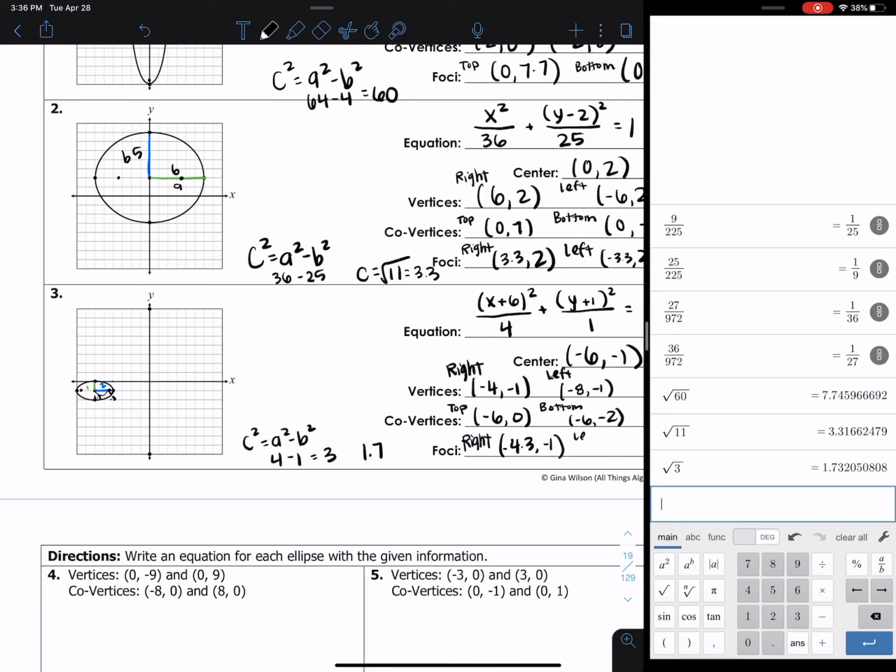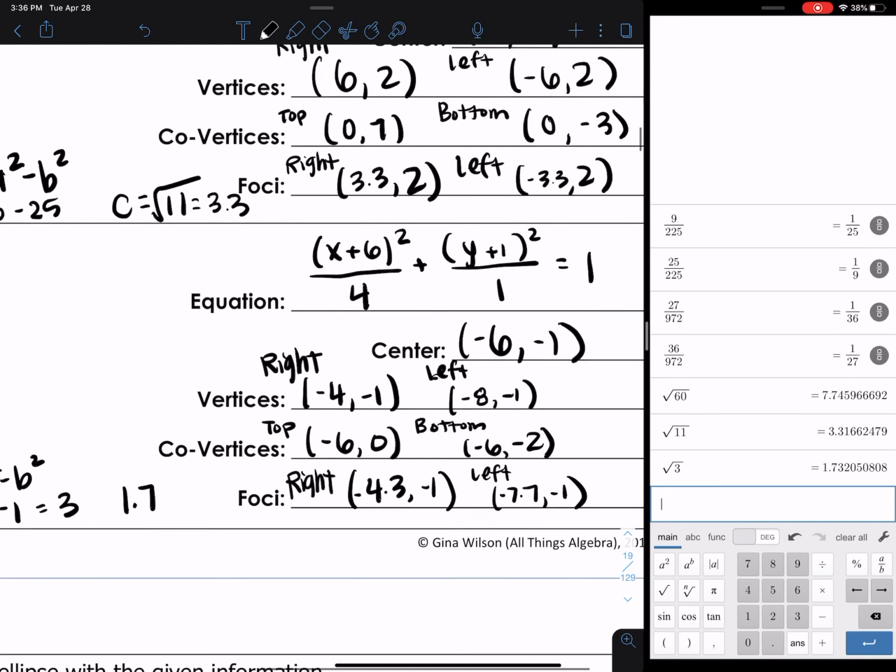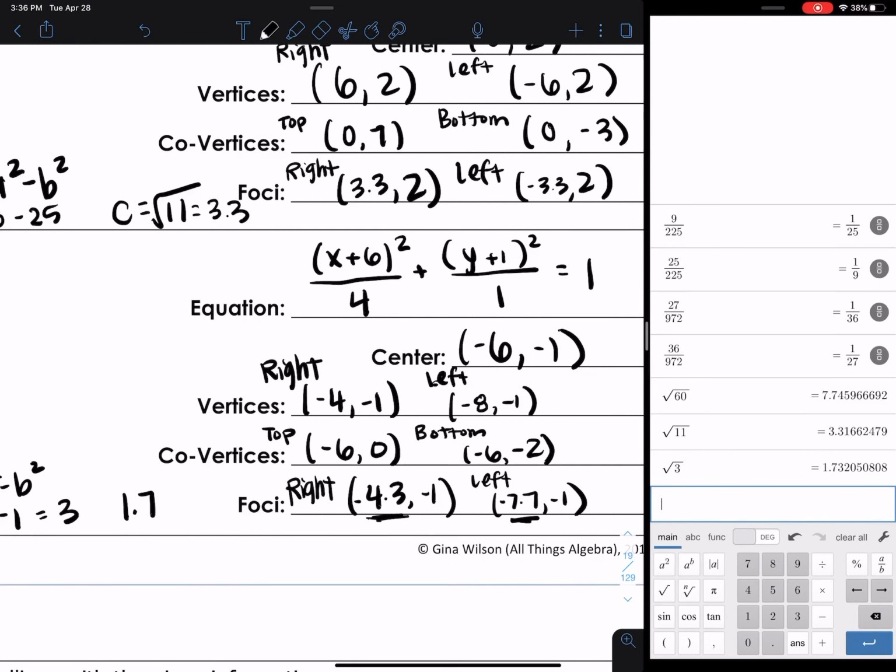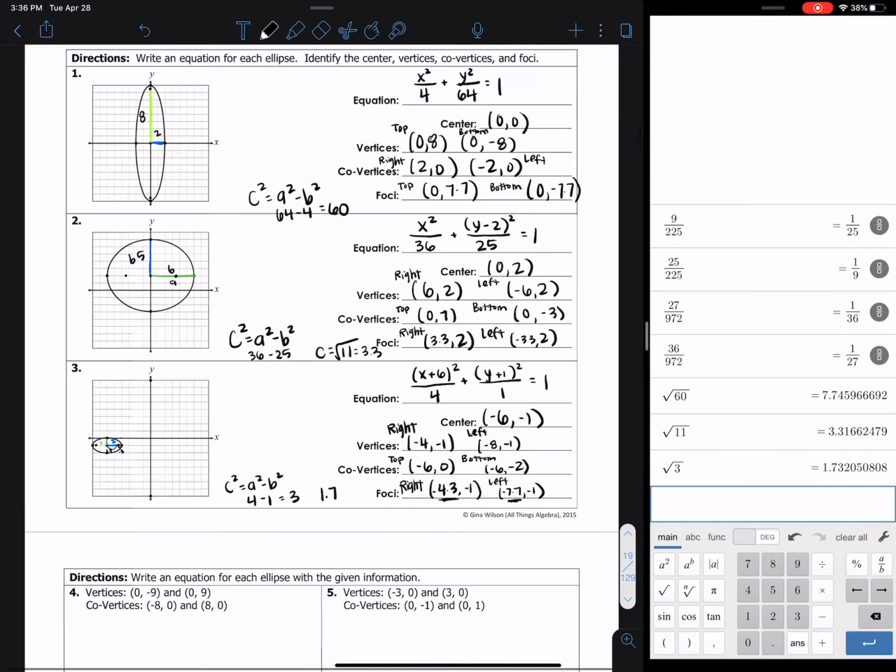And then we have our left focus, so that would be (-7.7, -1). And I want you to round your decimal places to 1, just like we did here. So you should have the answers just like this. Okay, good luck.